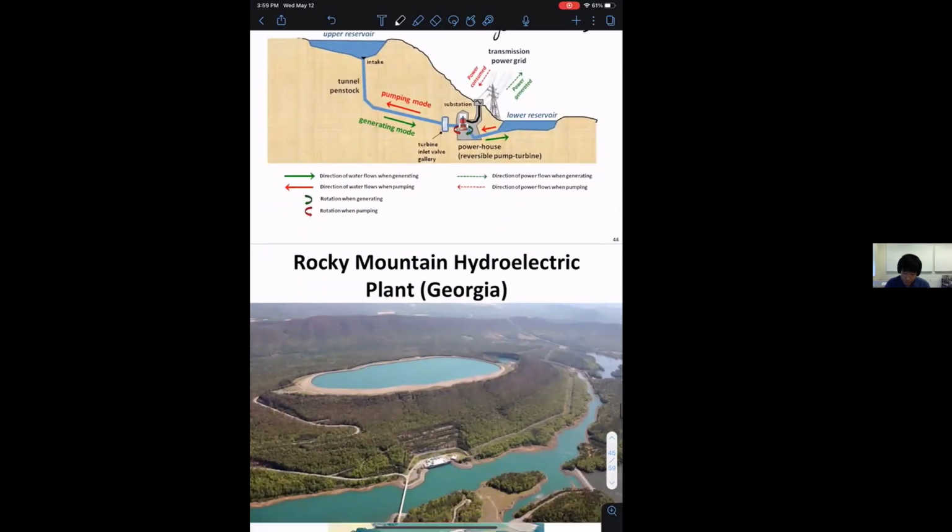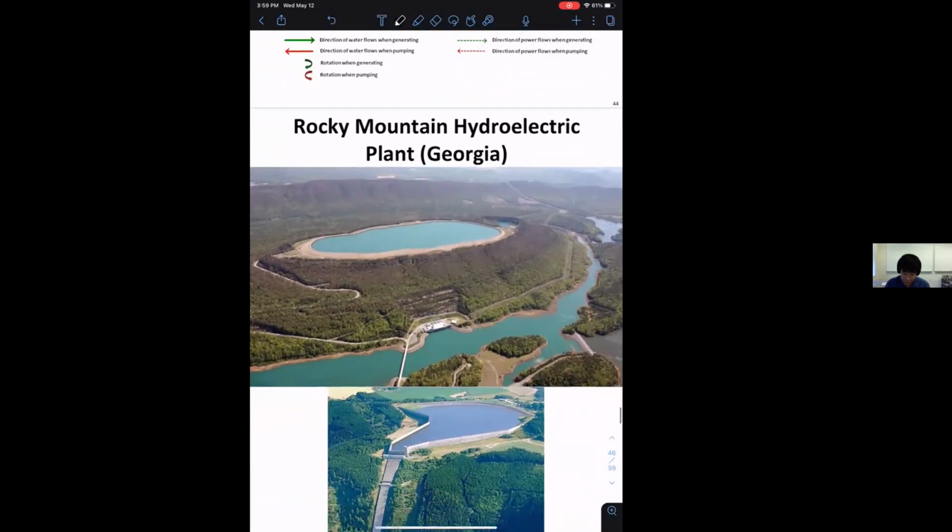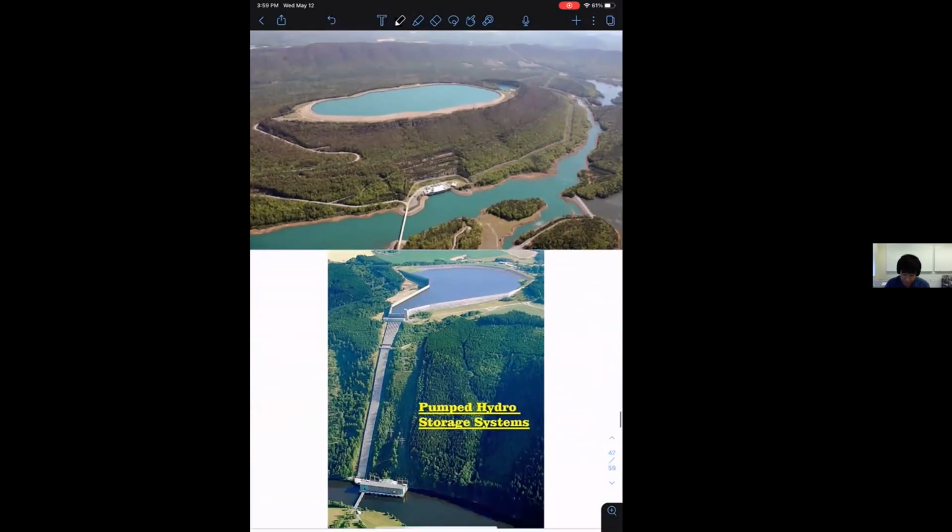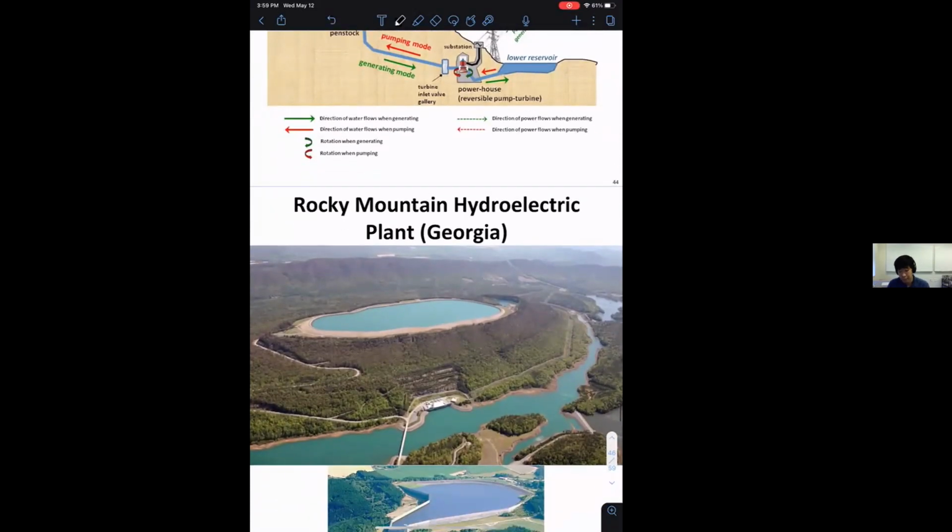An example of this is this Georgia pump hydro picture. This is a lake, sometimes man-made. There's a difference in height between the reservoirs, and you pump water up and down to generate electricity and use this as a storage device.